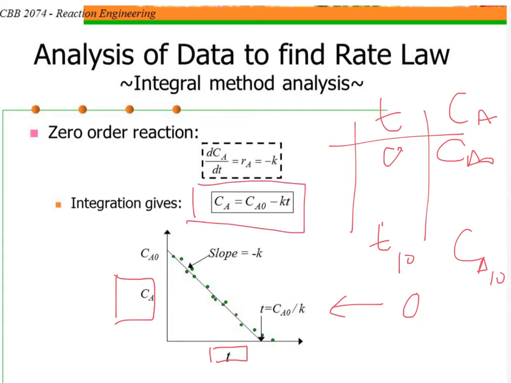So if you get a straight line, straight away you will know that it is zero order. The intercept here is your CA naught, and the slope here is basically your rate constant.